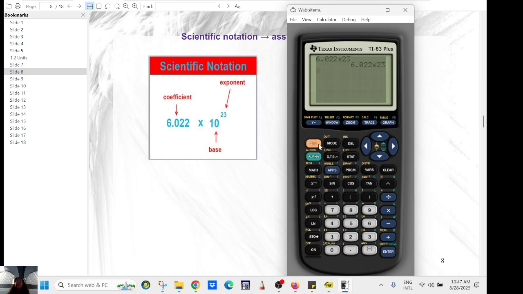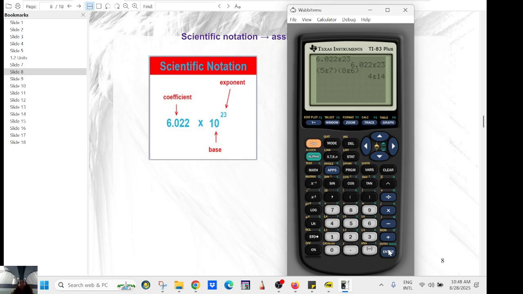So when you multiply scientific notation, you take a parenthesis here, and you're going to do, for example, 5 times 10 to the 7, and then you don't have to do multiply, you just open your parentheses here, and you can go 8 times 10 to the 6, close the parentheses, and enter.